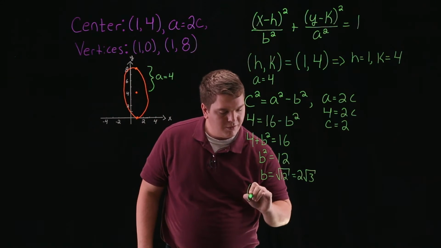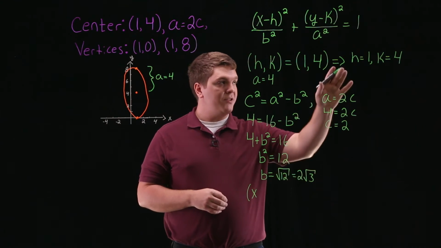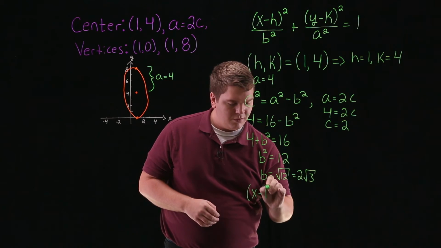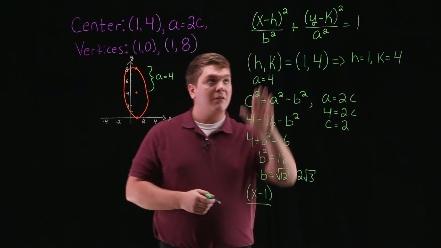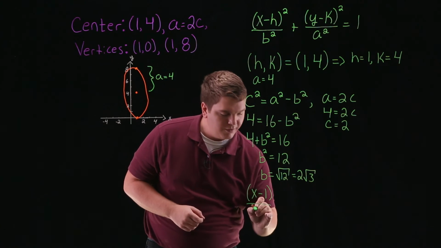The standard form of the equation of our ellipse is going to be given by x minus h, which is 1, divided by b squared. We know that b was the square root of 12, so b squared is 12.